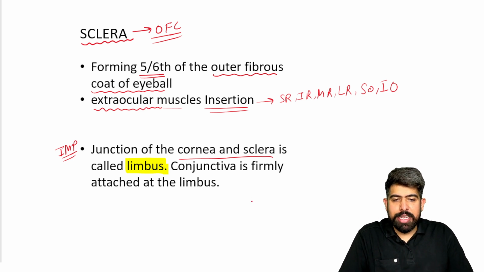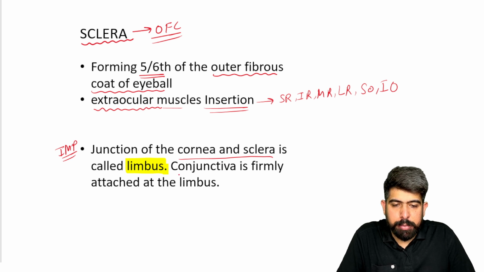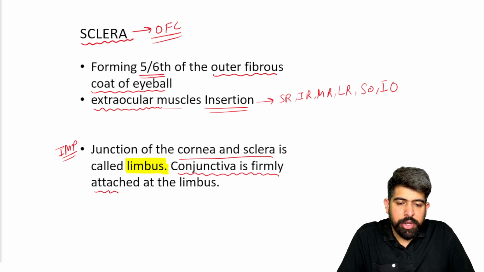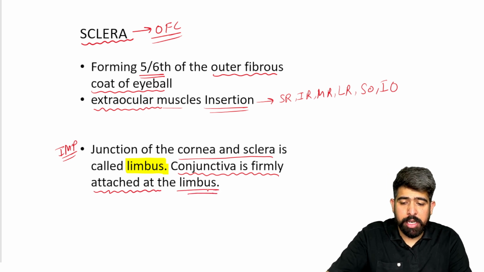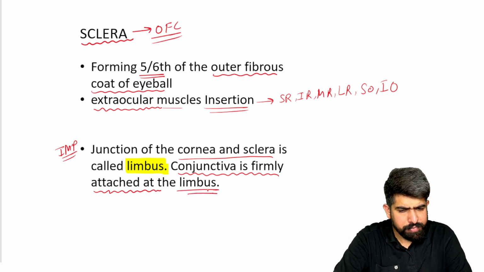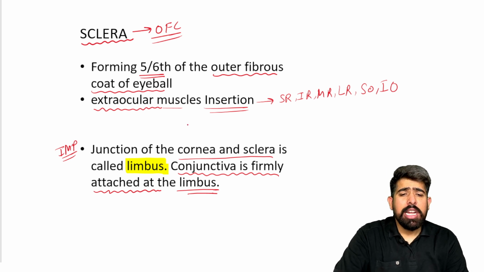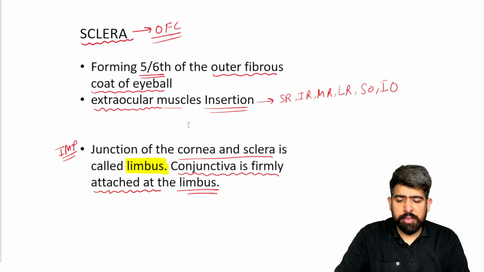And what is the importance of it? The conjunctiva is firmly attached to the limbus, and the conjunctiva covers all the scleral part up to the limbus only. The cornea is not covered by the conjunctiva normally.